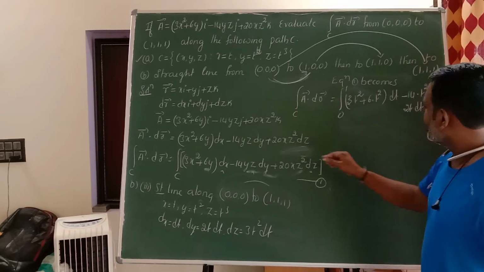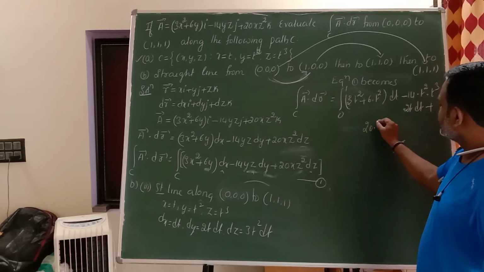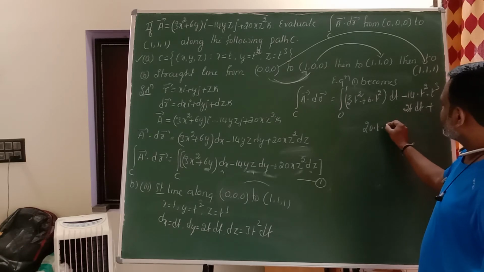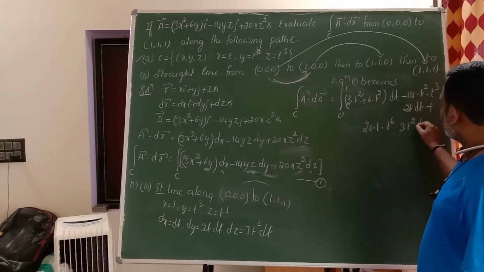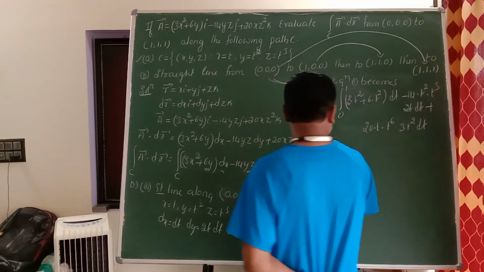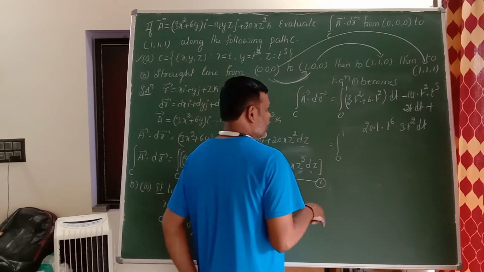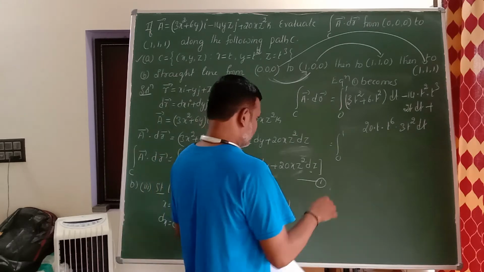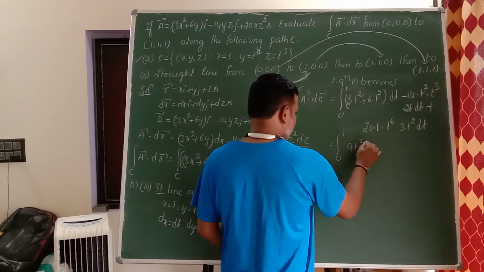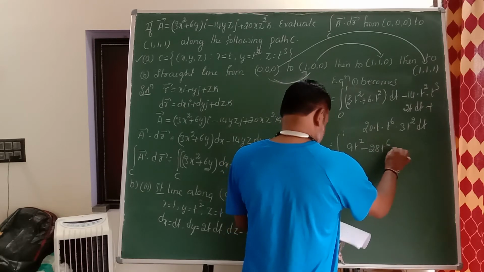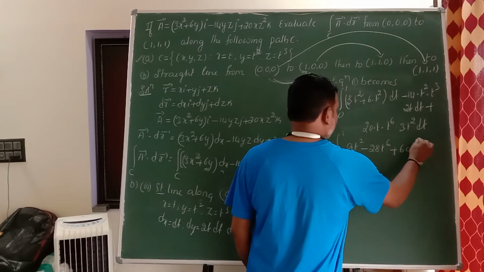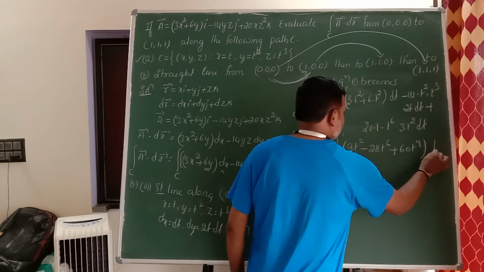Plus 20xz square: x is nothing but t, z is nothing but t cube, z square is nothing but t power 6, into dz is nothing but 3t square dt. After simplifying that, the final answer becomes 9t square minus 28t power 6 plus 60t power 9, as usual, into dt.